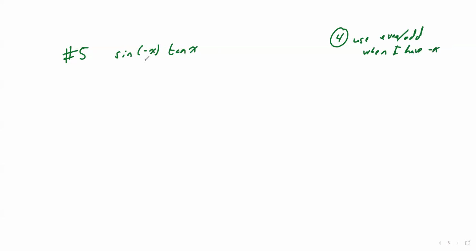So in this case, using my even odd function, sine of negative x is the same thing as just negative sine x times tan x. Once I took care of this negative, now I can turn things into sines and cosines. So now again, tangent using the quotient identity is sine x over cosine x.